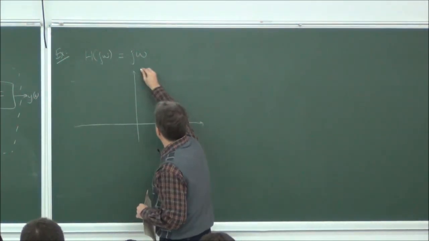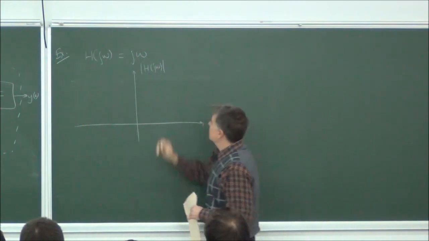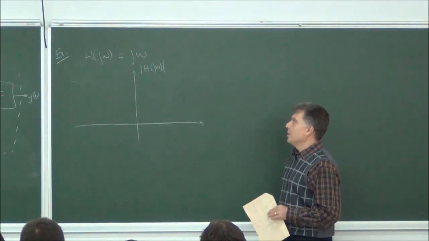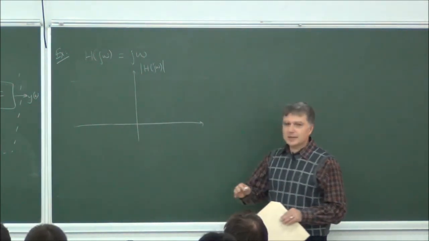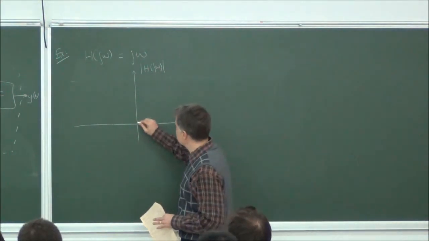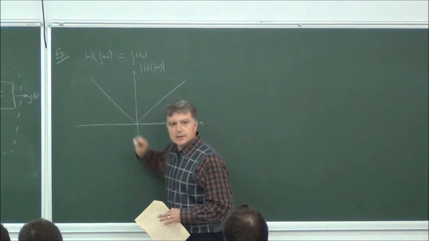Now clearly, the system transfer function is complex, and it's not possible to plot something complex. So instead of that, I'm plotting the magnitude of it for the time being, just for illustration purposes, which looks like this. You remember this, okay?